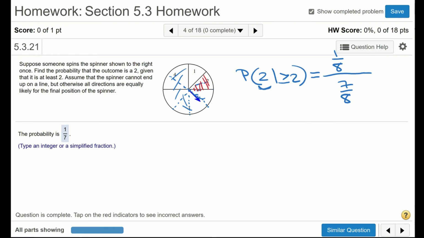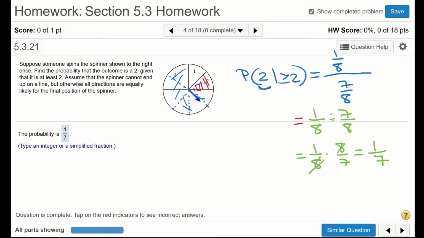So here, that is just going to be 1/8 divided by 7/8, right? So that's 1/8 times 8/7. These cancel out, and of course we get 1/7, just like that.